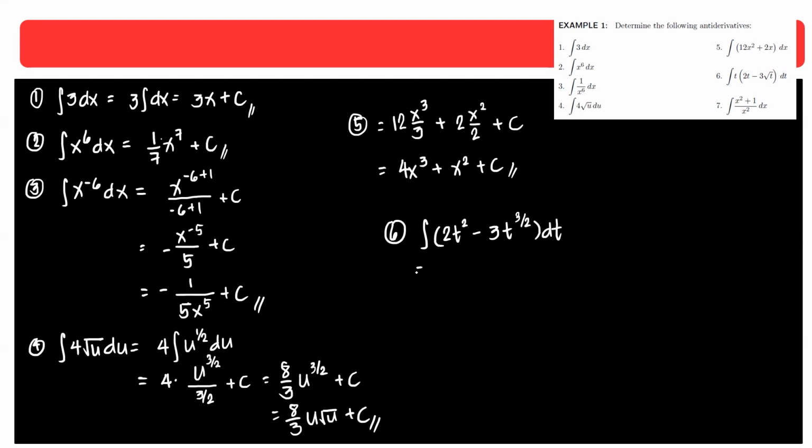And then, upon integration, this becomes 2 t cubed over 3. You don't need the 3, bring it out. T to the 3 halves plus 1 is 5 halves. And then, this is also 5 halves, and then plus c. So here, it's simply 2/3 t cubed minus this one becomes 6 over 5 t to the 5 halves plus c.